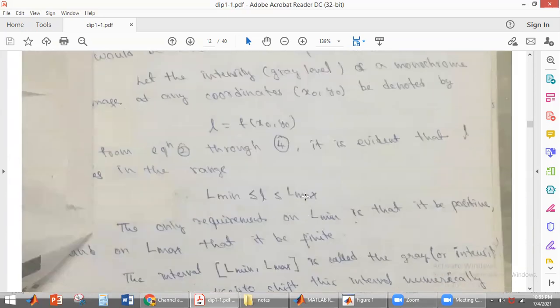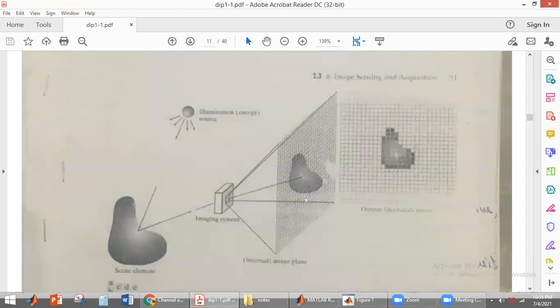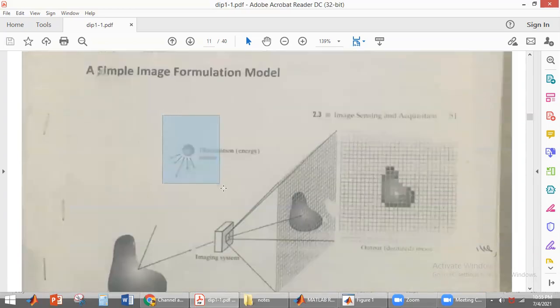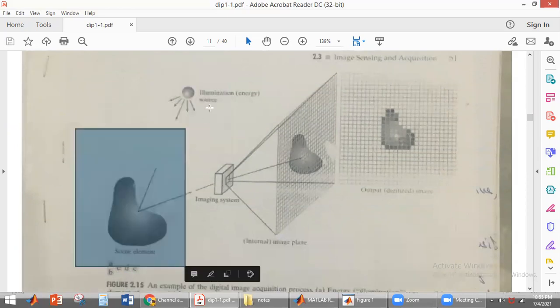How the image is acquired is denoted in this figure. Here, this is the source that illuminates the energy. The energy falls on the object, and the object reflects some energy.